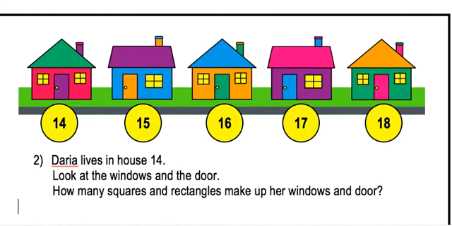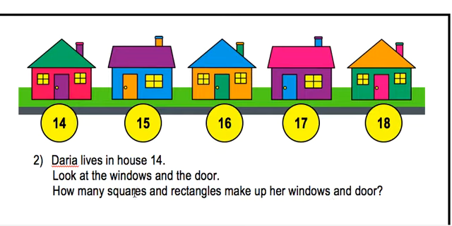Number 2, Daria lives in house 14, so you need to locate house number 14. And I want you to look at the windows and the door. Look at the windows and look at the door. Which house number? House number 14. The question asks how many squares and how many rectangles make up her windows and doors.